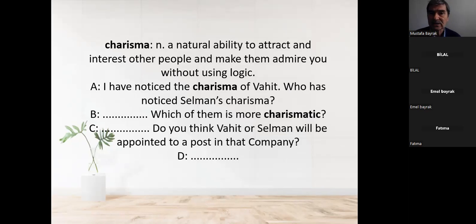Do you think Wahid or Selman will be appointed to a post in that company? I think Selman will be appointed to a post in that company because Selman is more charismatic than Wahid.